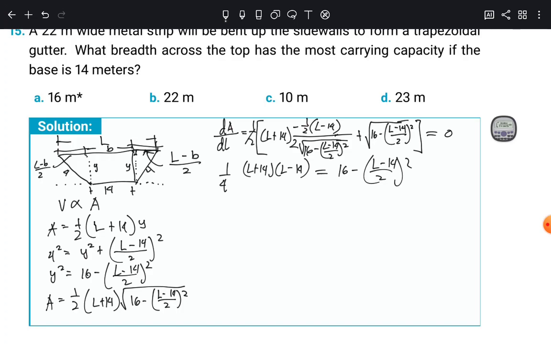For the other side, we can make the 4 times 4 squared just 4 cubed, then minus L squared minus 28L plus 14 squared.